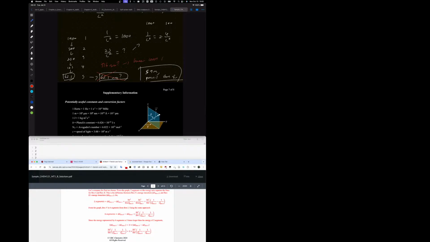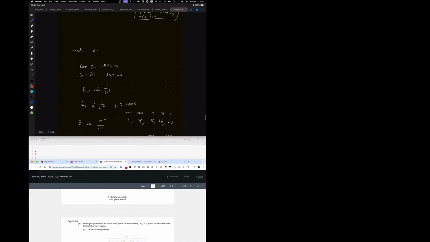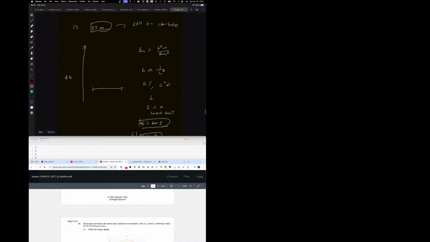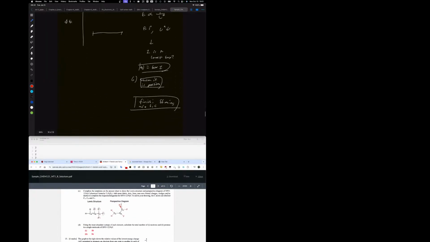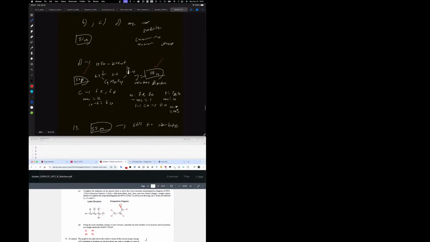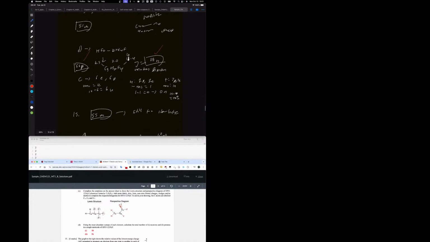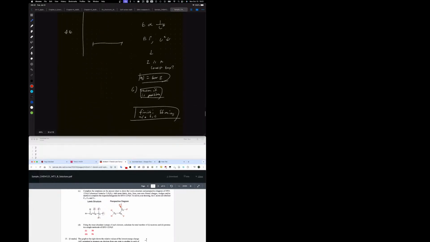Huge solving. Box 1. I don't know where my answer for box 1 is, but I remember I wrote box 1 as the longest. So that's correct.